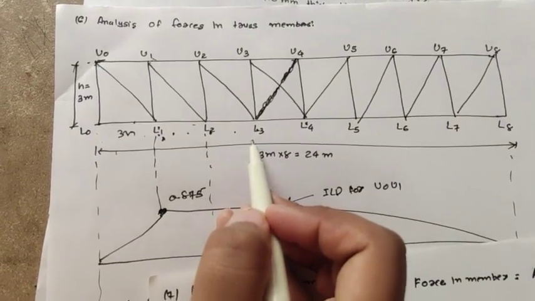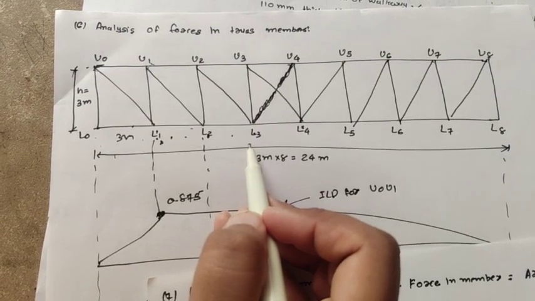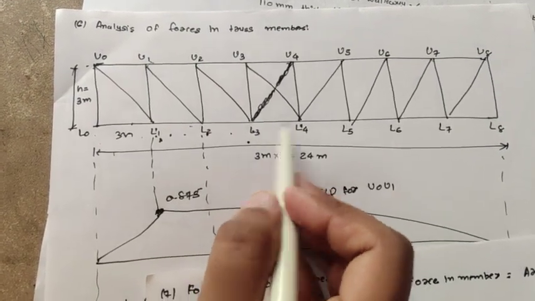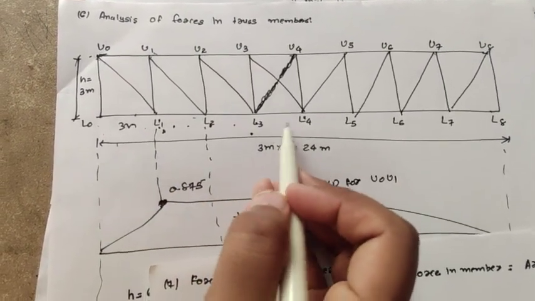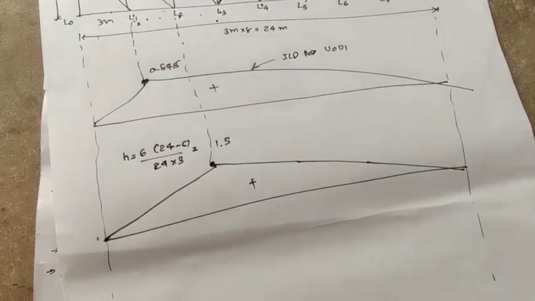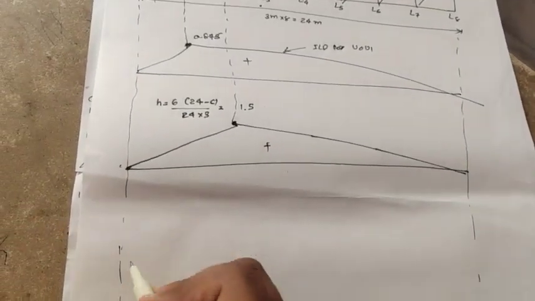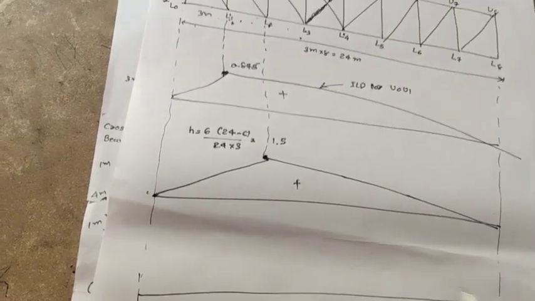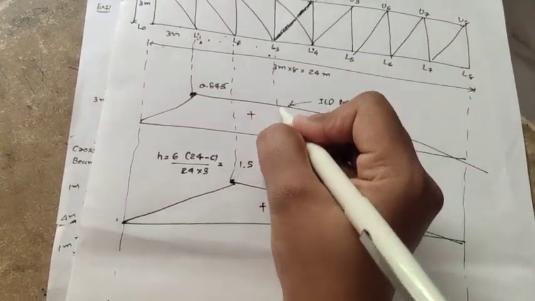And talking about the point L4, 3 plus 3 plus 3 plus 3 means 12 meter. So we repeat these steps and we have our answers. Talking about L3, right?